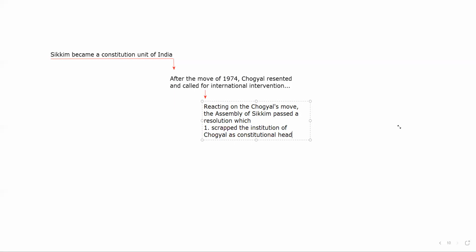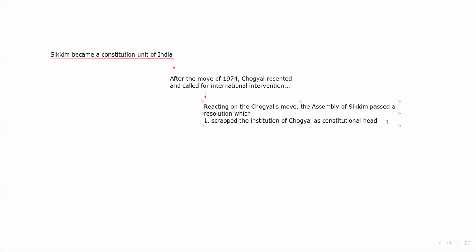And number two, provided for the merger of Sikkim into India.